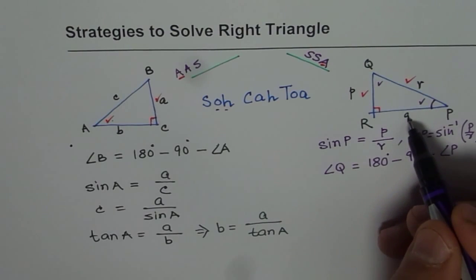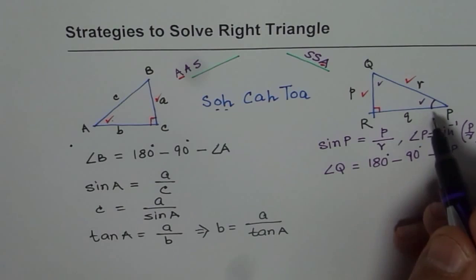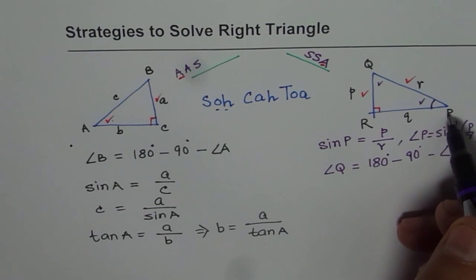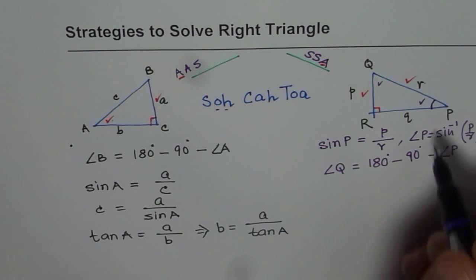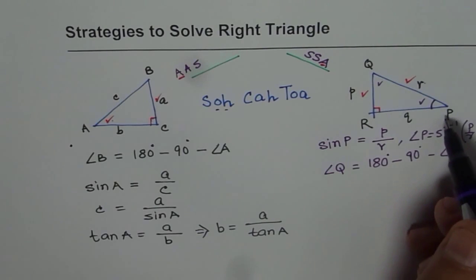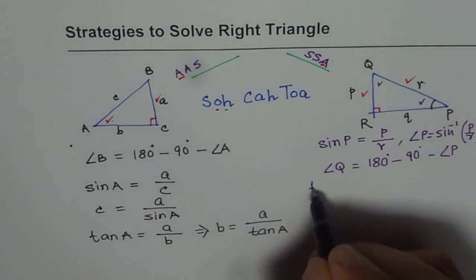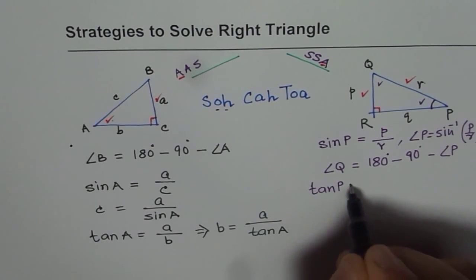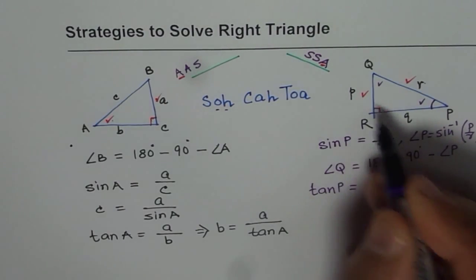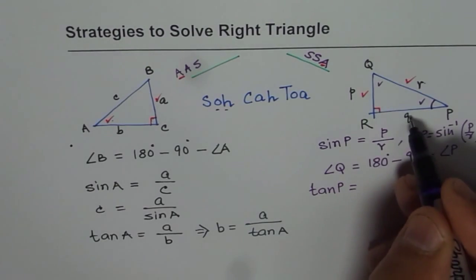To find the side q, since we know p and r, we can use cosine of P, we know the hypotenuse, or we can also use tan of P to find q. So let's use tan P. So tan of P is equal to small p over q, opposite over adjacent.